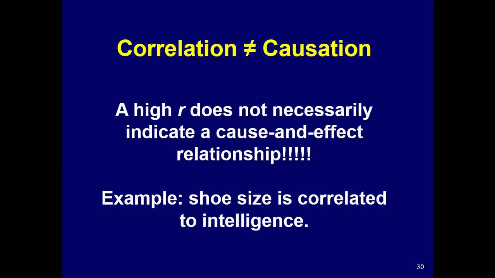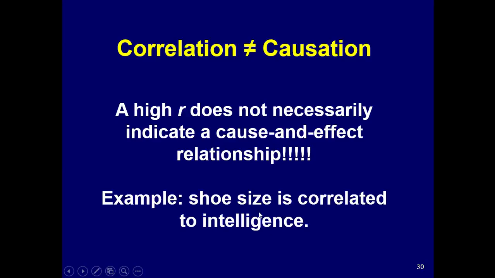One of the great examples of this is if we look at shoe size. Shoe size is correlated to intelligence. So my question would be, does shoe size cause us to be more intelligent, having a larger shoe size? No way. So there's really, in this particular instance, a third variable which explains what's going on. We find that as you get older, shoe size tends to increase.